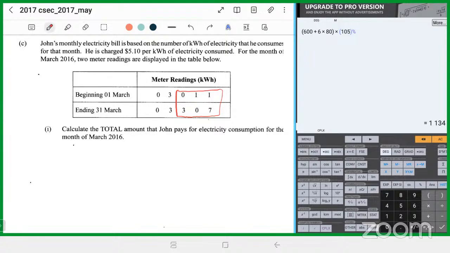The question is, calculate the total amount that he pays for electricity consumption in the month of March. So the amount that he pays is going to be equal to the amount that he consumed, which is the difference of these two numbers. But I don't have to go up to the 3,000. I can just take the difference of these two numbers and multiply by the rate. I'm going to do it in one calculation.